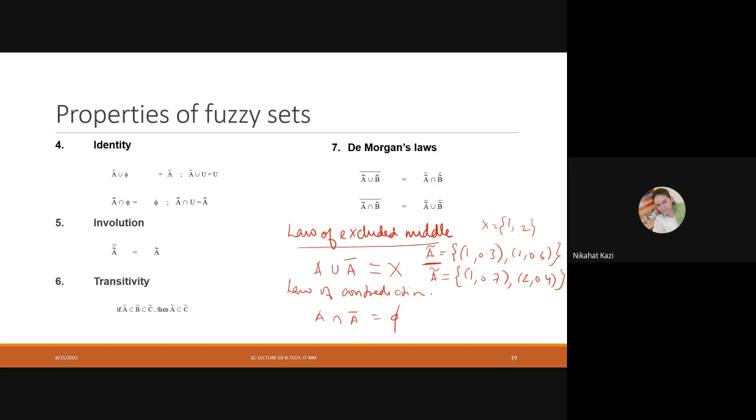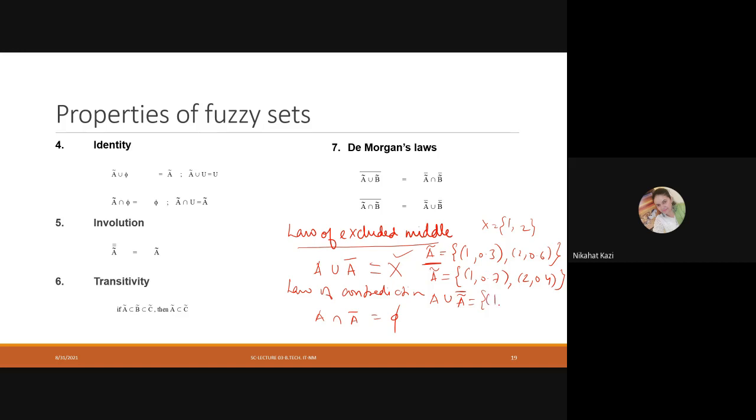What is A union A complement now? Will it be equal to X? No. Why? Because this has some membership, this has some membership, and union is the max of the two memberships.